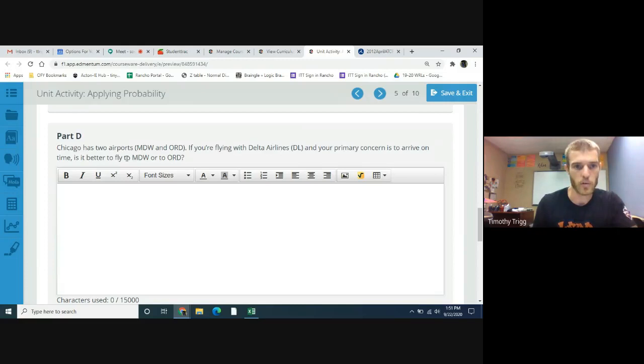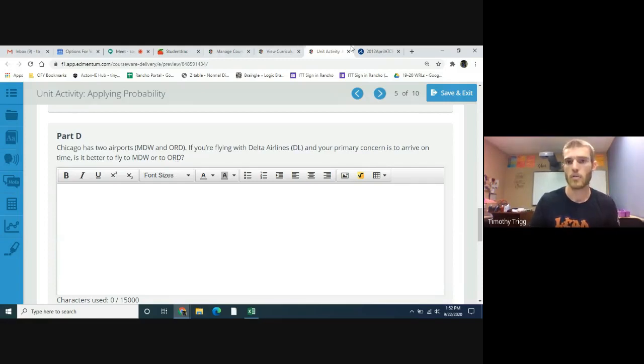Chicago has 2 airports, MDW and ORD. If you're flying with Delta Airlines and your primary concern is to arrive on time, is it better to fly to MDW or ORD? So I'm going to write down that we're flying with Delta. So we're flying with the DL. And we want to know which was better for arriving on time, MDW or ORD.